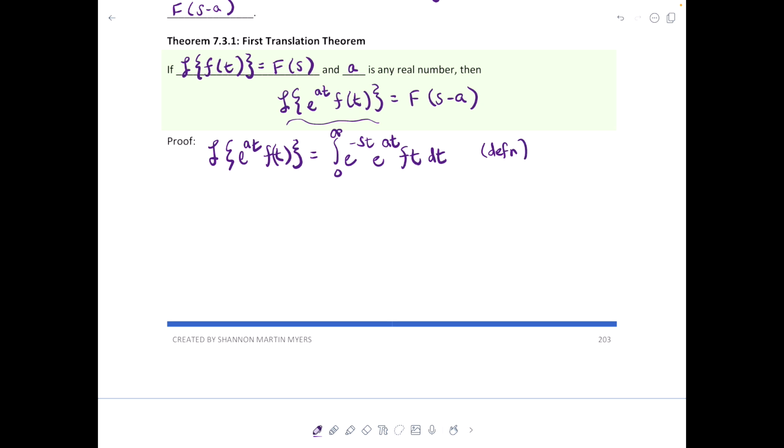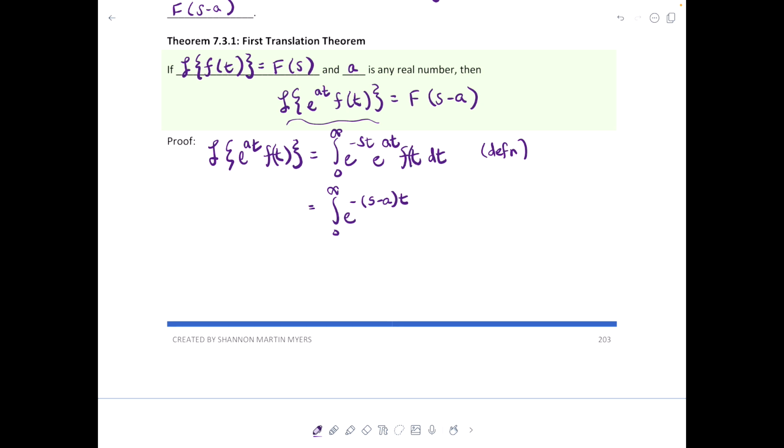Now, this in turn will equal the integral from 0 to infinity. Now I'm going to do a little bit of algebra on the exponential. If I factor out a negative, I can write this as s minus a, that quantity, times t, just factoring out the t on the right side of s minus a and the negative on the left side.